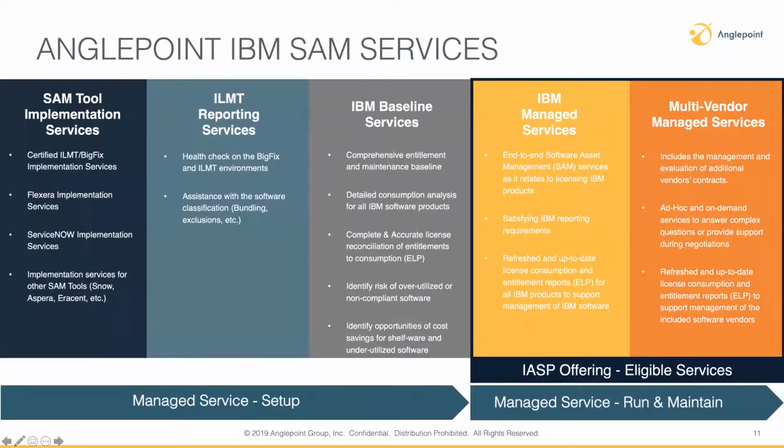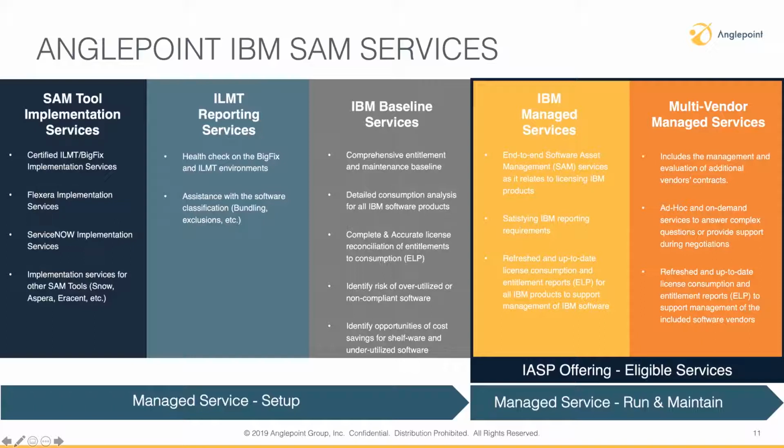From a scope of services perspective, to qualify for the IASP program, it needs to be a managed service, not a one-off project. Those are the two buckets there on the right side: a managed service that includes just the IBM estate, or a managed service that includes other publishers as well.